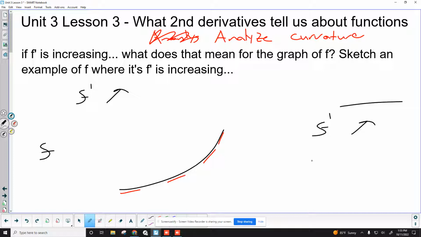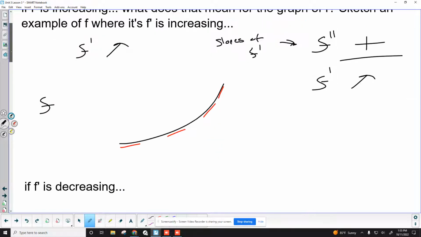If f prime is increasing, its slope must be positive. F double prime, all of a sudden we are going to look at f double prime a lot more today because it's got a lot of power. F double prime are the slopes of f prime, and if the slopes of f prime are positive, f prime must be increasing. Okay, and then we are going to have a curve like this.